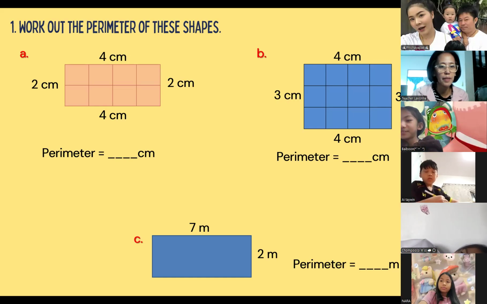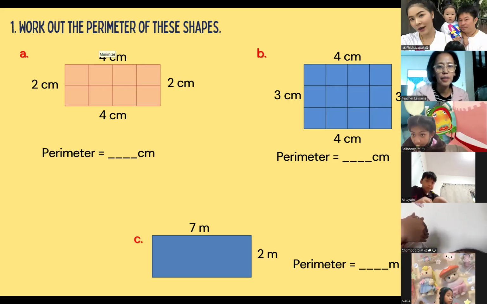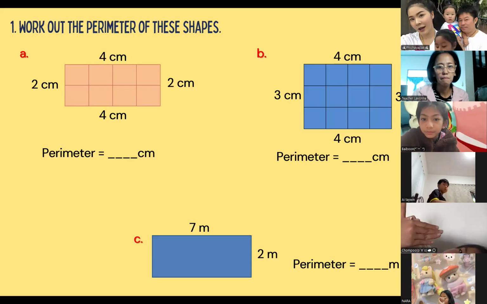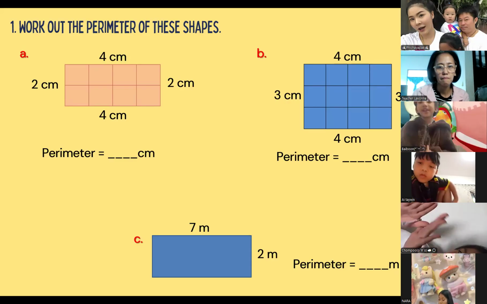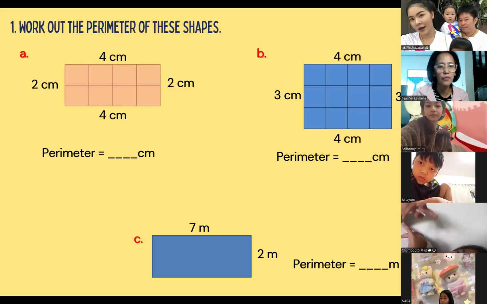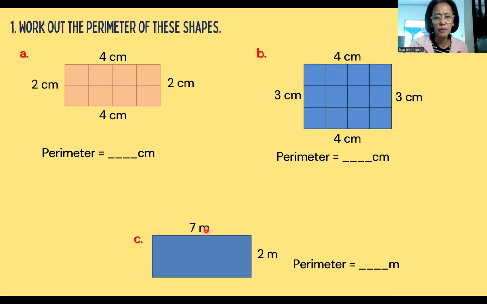Nami says 18 meter. Okay, how did you get 18 meter? How about Baybun? What's your answer? I said 18 meter. Okay, all of you answered 18 meters. How did you get 18 meter when this is only 7 and 2?